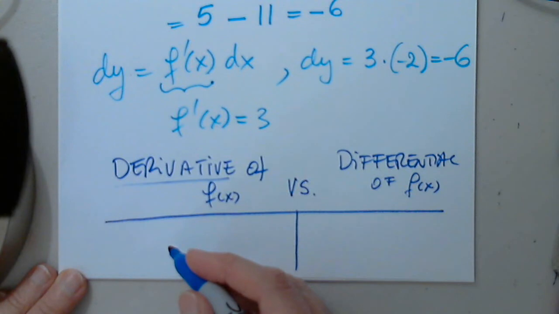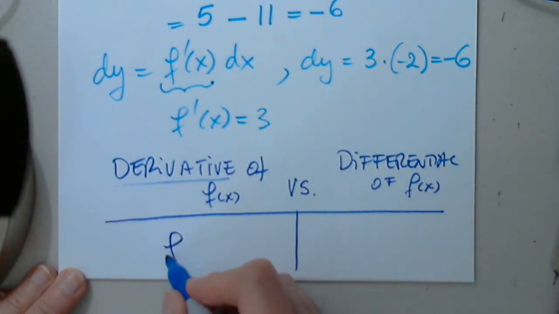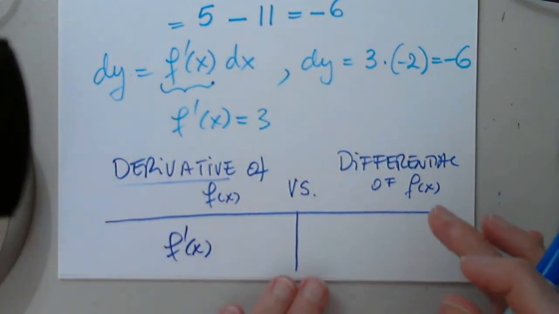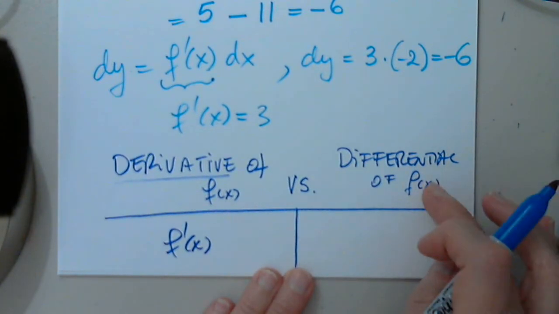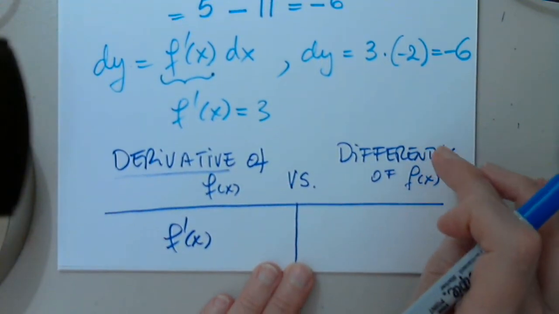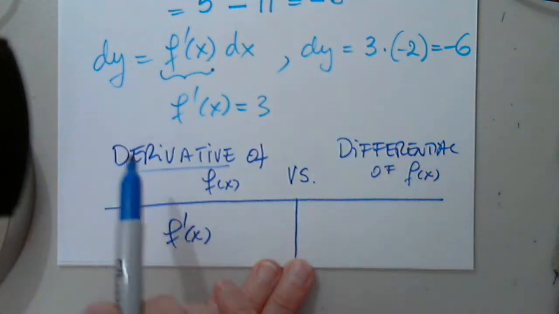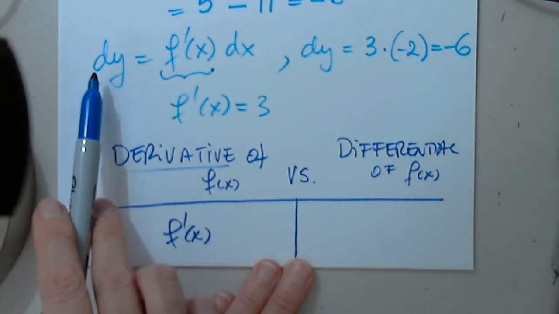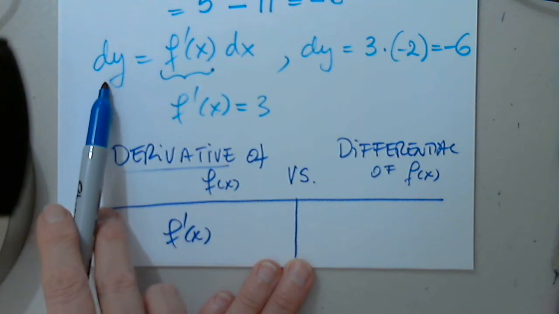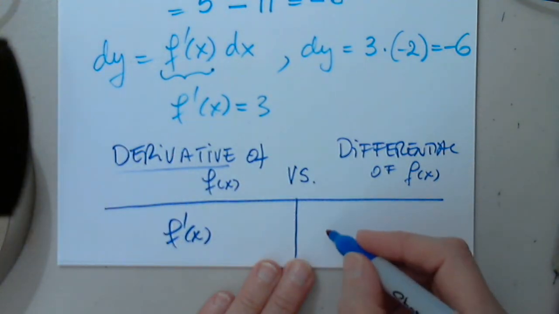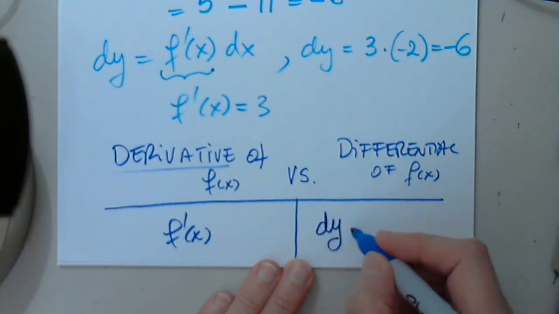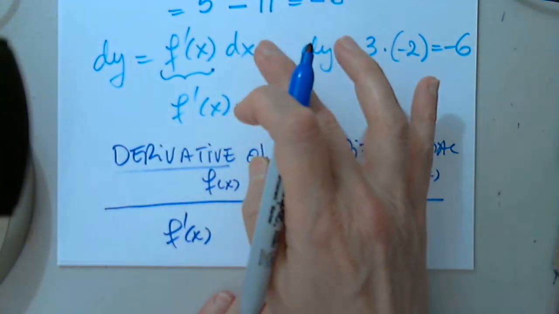I know it's a silly question. That's it, of course, f prime of x. For f of x, can anyone tell us how to write the differential? Delta x? That's the differential. Delta y. dy equals f prime of x dx.